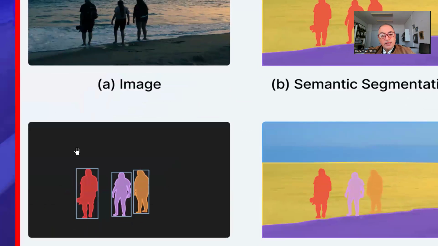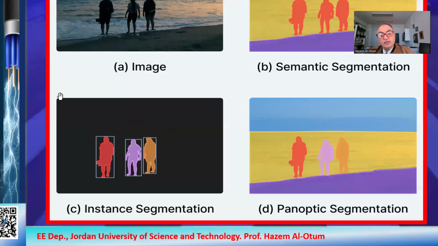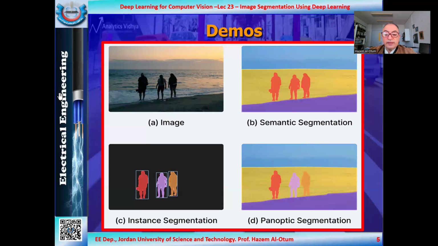Now, specifically in instance segmentation, we try to segment people or human persons instance by instance, so we can say that this person is 1, this is 2, and this is 3. So we specify every person precisely and separately.